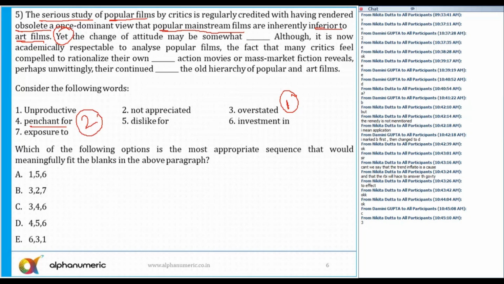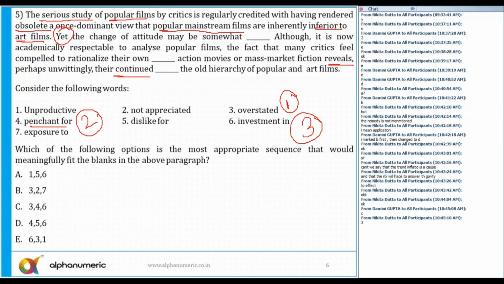If they like action movies, they have to rationalize it. Till date, they have to rationalize it. They cannot simply say that we like an action movie or a mass market movie. They have to provide reasons why they like it, and this reveals that they are continually invested. I think the third blank is investment.